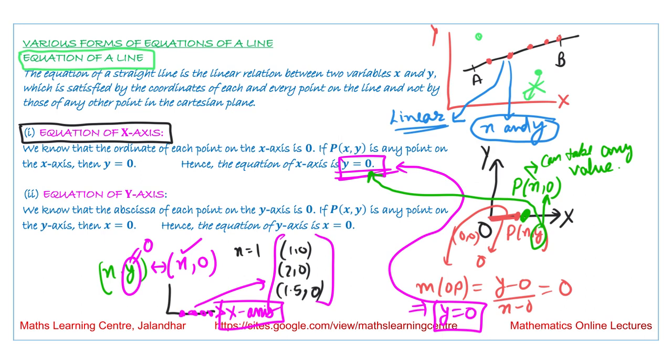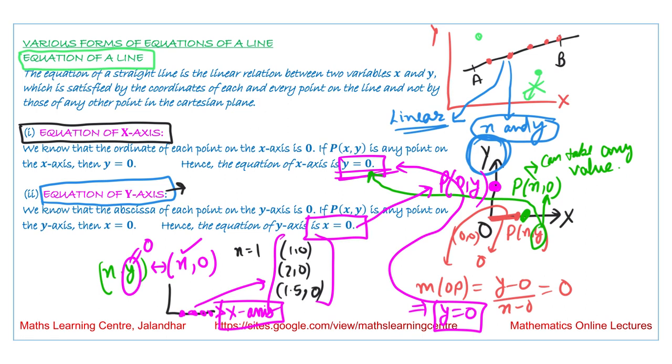Similarly, for the equation of the y axis, if we take any general point on the y axis, it is of the form (0, y). It means the value of x is 0. So the equation of the y axis is x is equal to 0. If you want to calculate the equation of the y axis using slope, the slope of this line is not defined.